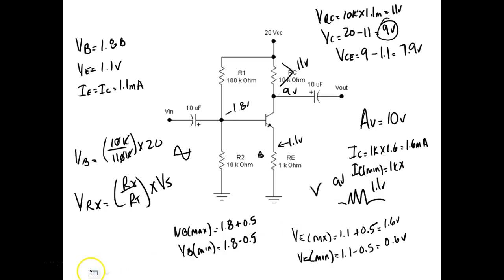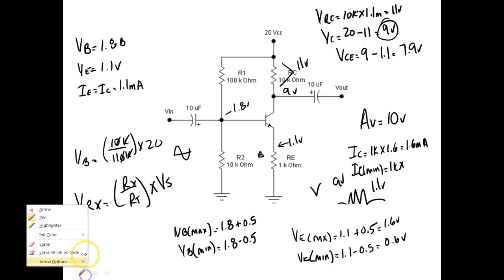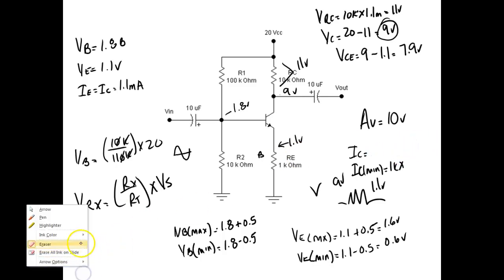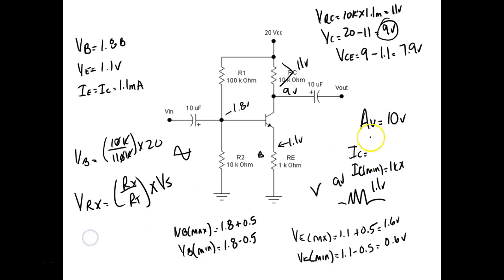I'm giving y'all the wrong formula. The answer's right, but the formula's wrong. So I is equal to V over R, so this would be 1.6 divided by 1K, which would be 1.6 milliamps. So the answer was right, but the formula was wrong.